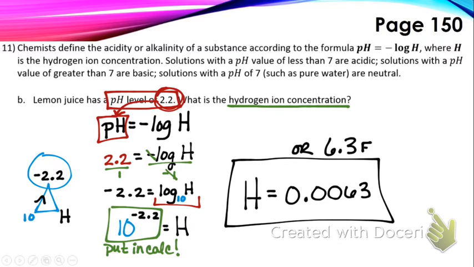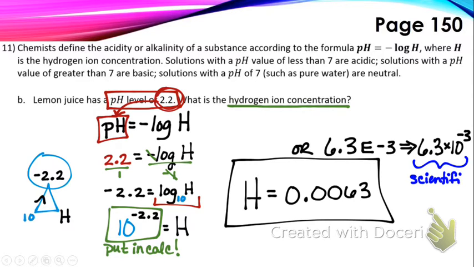It'll say 6.3 e negative 3, and what that means is 6.3 times 10 to the negative 3rd. These are the same answer. One is in scientific notation, and the other is just written as a normal number.